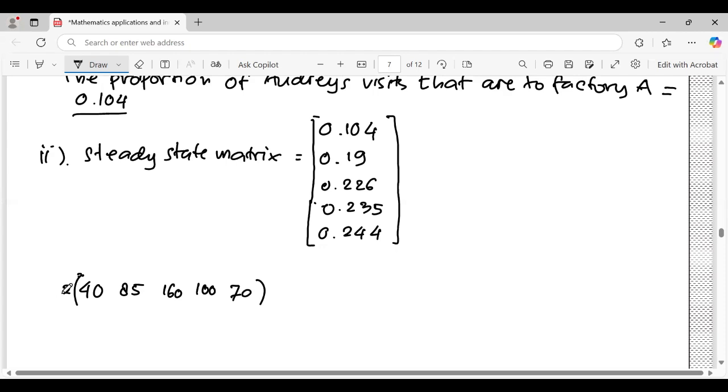Why 2? Because one round trip means going and returning. After that, multiply by the steady state matrix.